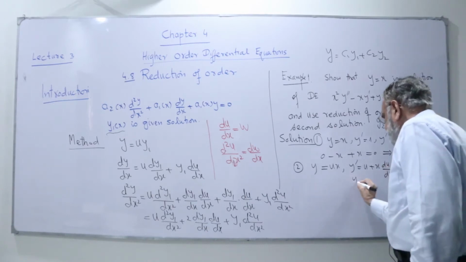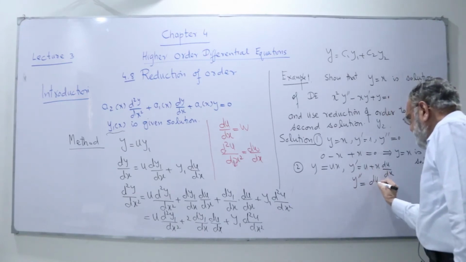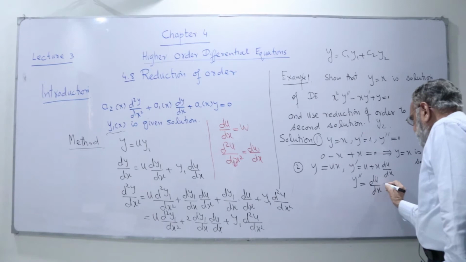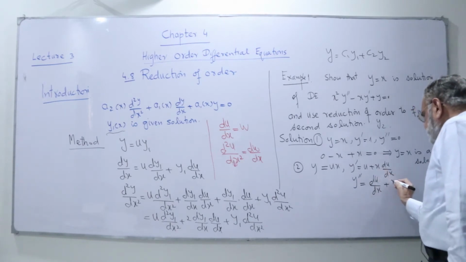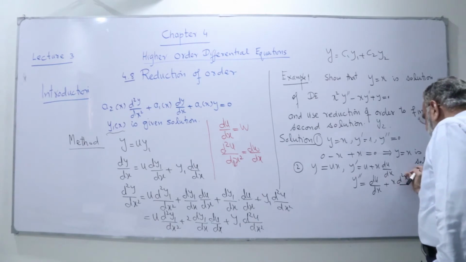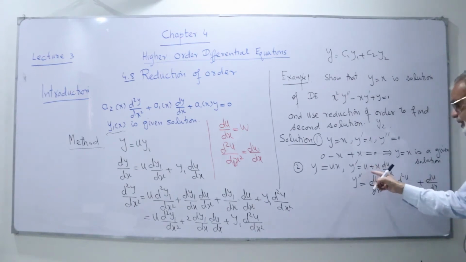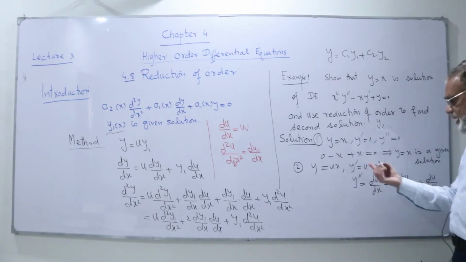Then y double dash is equal to the derivative of u, du by dx, plus x times d2u by dx square, and the derivative of x is 1, so we get du by dx. We get only three terms because the term with u has a coefficient of 1 and its derivative is 1.